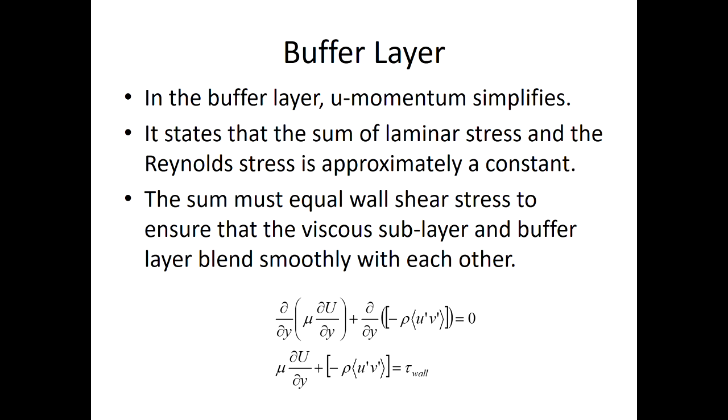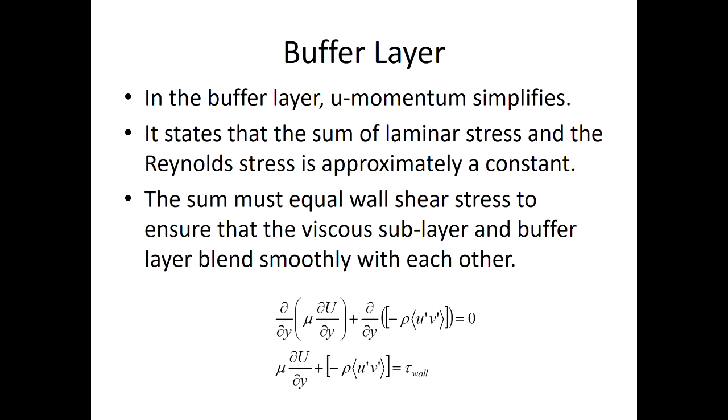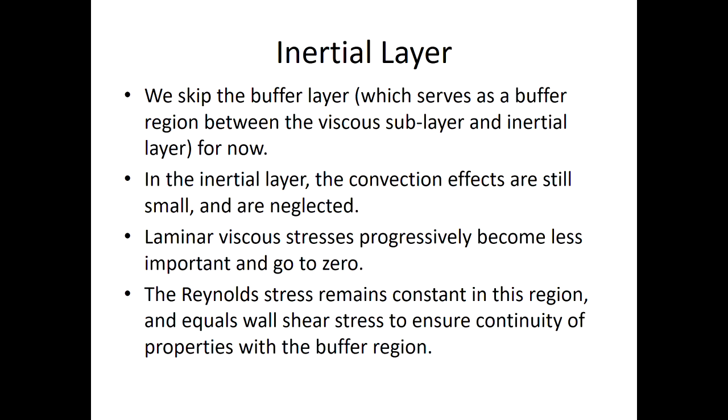So he only kept this term equal to tau at the wall. So in the inertial region, the laminar viscous stresses are neglected. The Reynolds stress is constant and equals tau at the wall. That's what happens in the inertial layer.